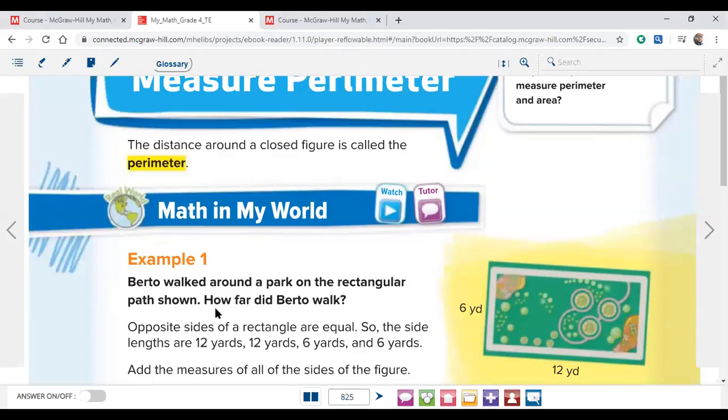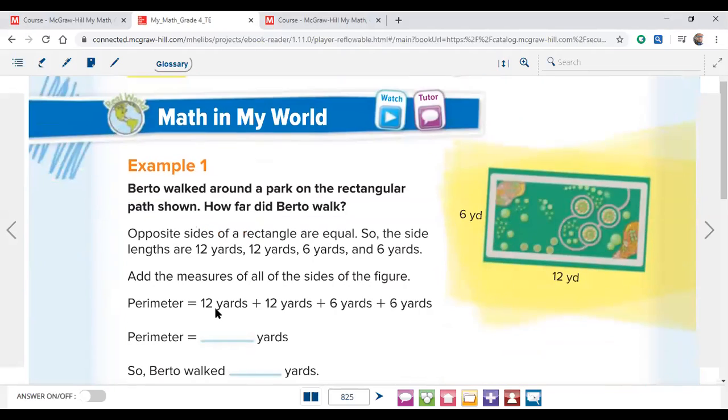Okay, good. As you see here in this example number 1, you walk around a park on a rectangular path, shown in the right corner. How far did Pertu walk? Here this is 6 yards.